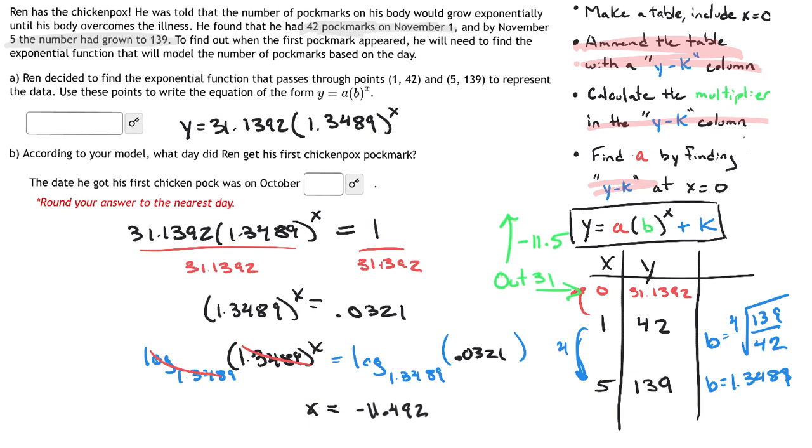So October 31st is day 0, and so then you're going to take 31 and subtract 11.492, and when you do that, you get a date in October, like 19 and a half, right? So this would be either October 19th or 20th. So either of those answers would be acceptable in this problem. We've got it set up that way. So sometime between October 19th and 20th is when he would have had his first chicken pox mark.